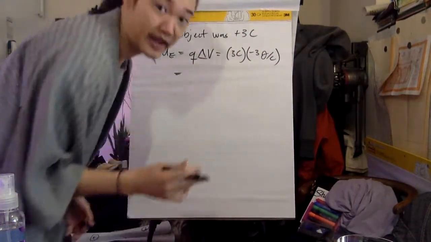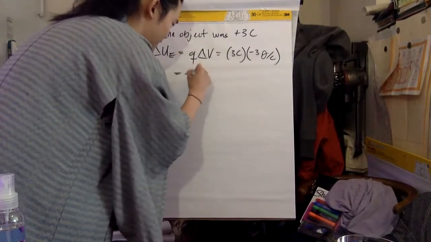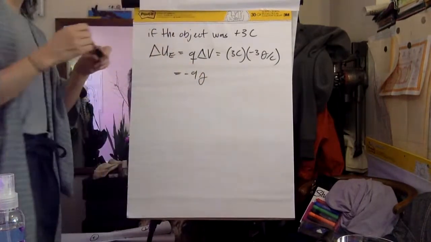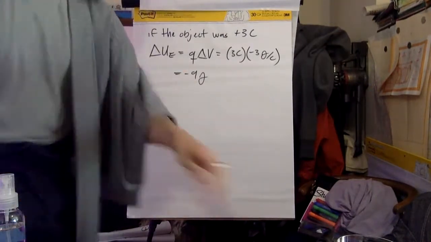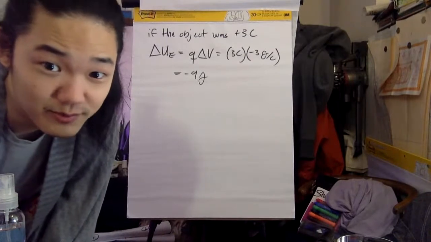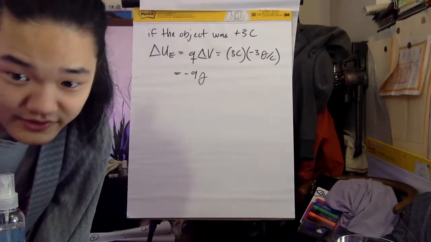So did it gain or lose potential energy? It lost 9 joules of potential energy because the change was negative. Okay. Now, if it was a negative 3 coulomb object, then it would have gained 9 joules of potential energy.